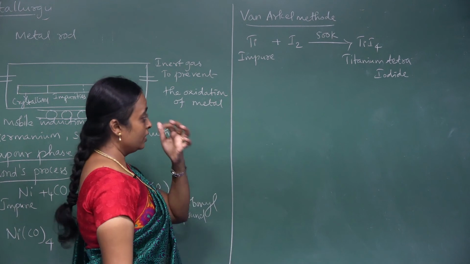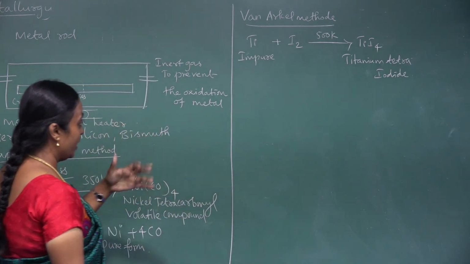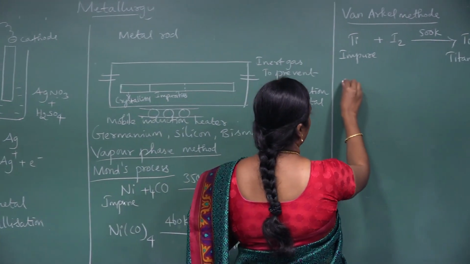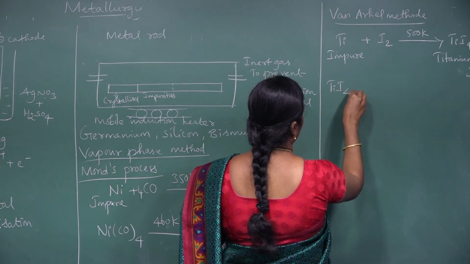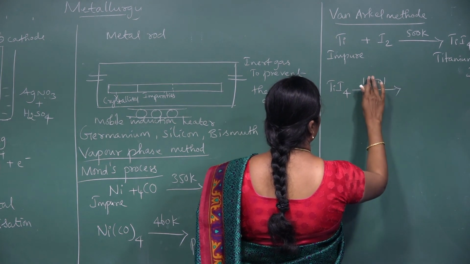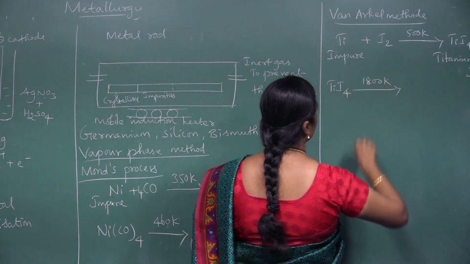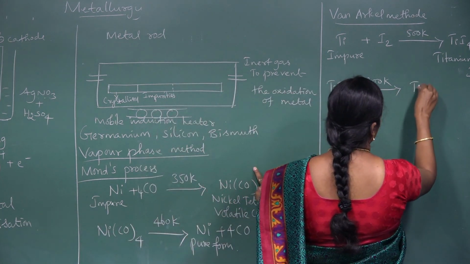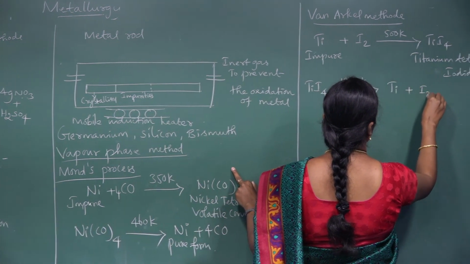From that volatile compound, titanium tetraiodide, there will be decomposition at 1800 Kelvin. Again there will be decomposition into titanium with iodine.